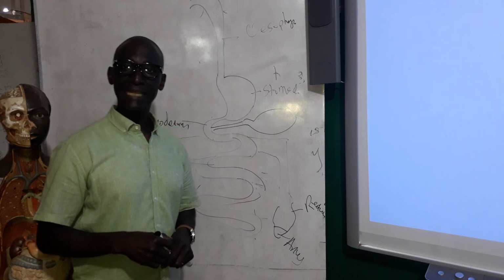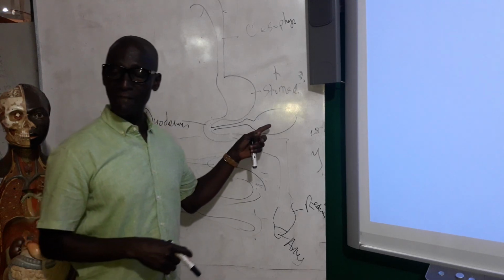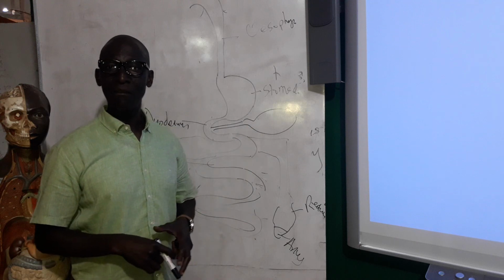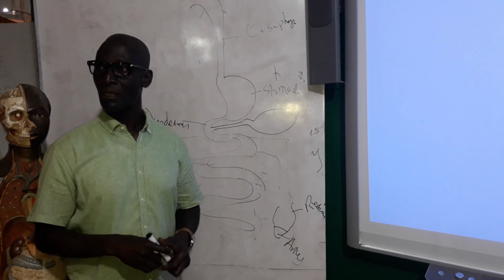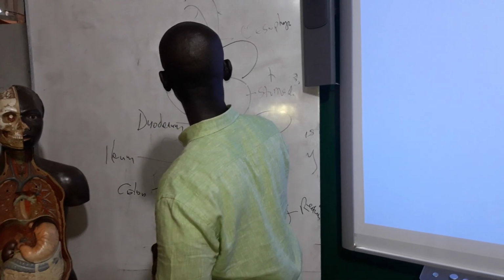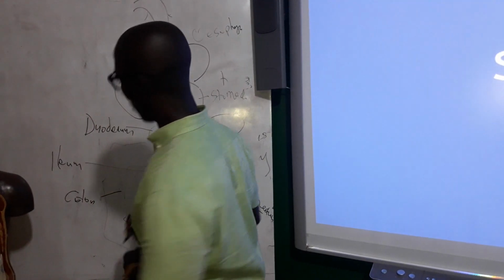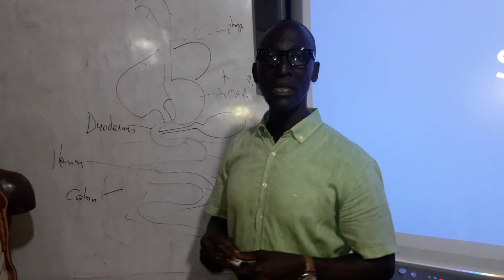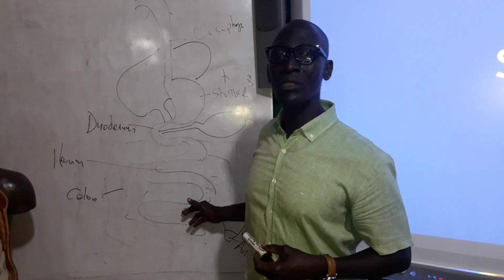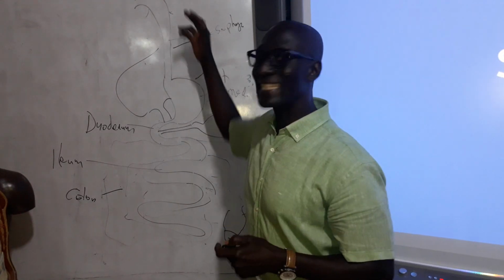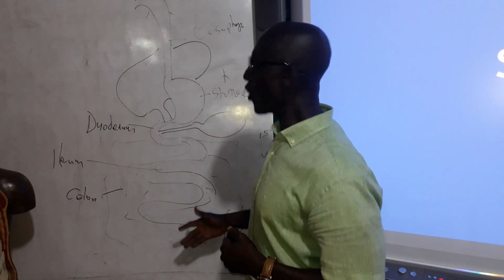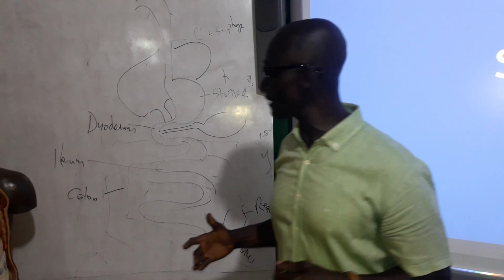Again, in digestion, the pancreas is involved in the production of pancreatic juice for breakdown of various food substances. I'm sketching that of the liver, also discharging into the duodenum. So we can find on the board a digestive system that involves all the structures I have just mentioned in the abdomen.